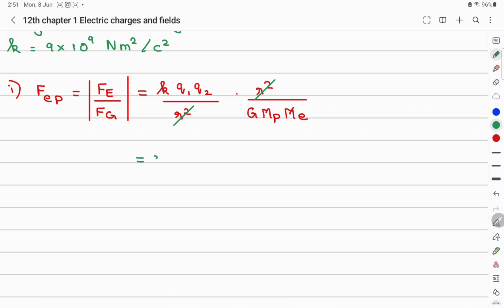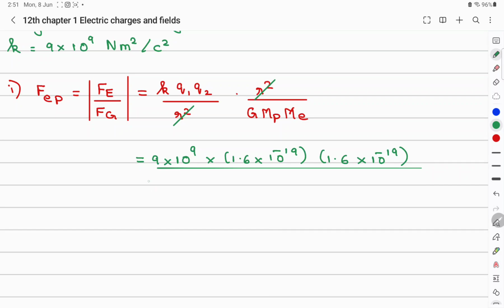So for K, that is 9 into 10 to the power of 9, and the charges are 1.6 into 10 to the power of minus 19 into 1.6 into 10 to the power of minus 19 by, for the gravitation constant, 6.67 into 10 to the power of minus 11 into mass of proton 1.67 into 10 to the power of minus 27, and the mass of the electron is 9.1 into 10 to the power of minus 31.